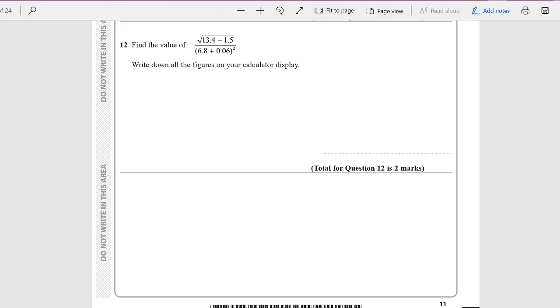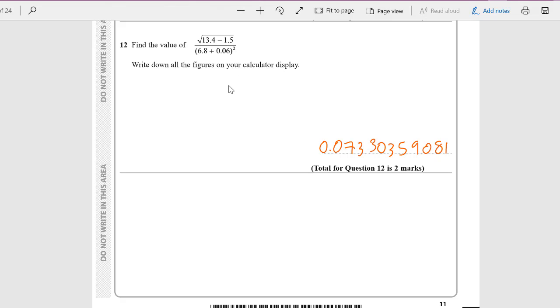So question 12, it says, find the value of this equation and write down all the figures in your calculator display. If you put this in your calculator, you will get the following answer: 0.0733035981.